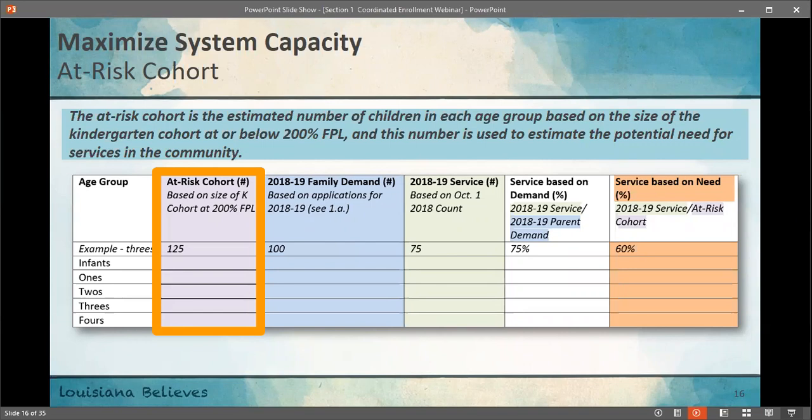This number is used to estimate the potential need for services in this community. Historically, in 2013-14, this number came from the network's free and reduced lunch number, but over time it's changed, and we have a more comprehensive definition. But basically, it's families who live in your network and meet certain income requirements and are eligible for pre-K.